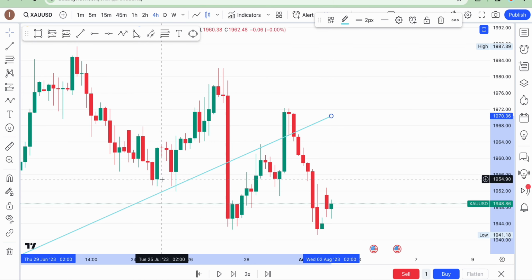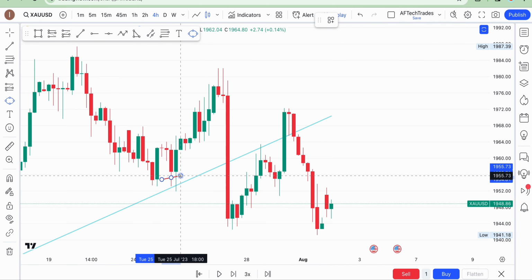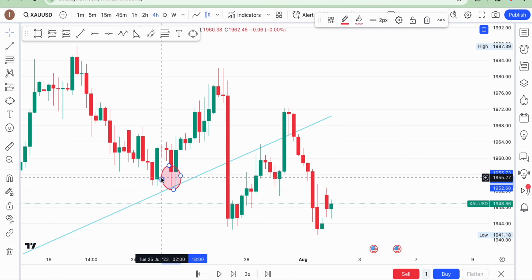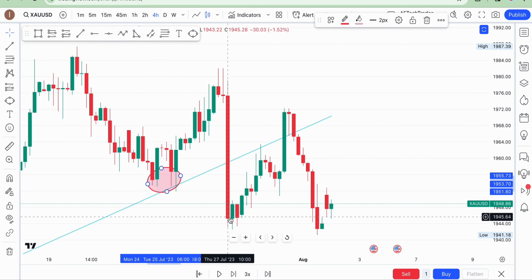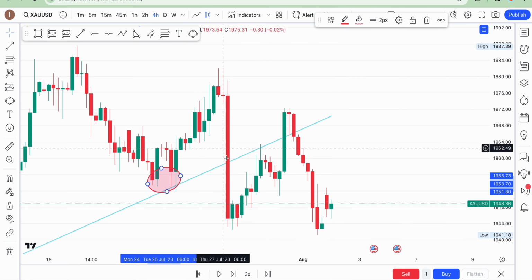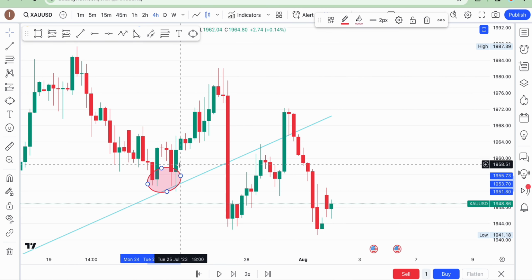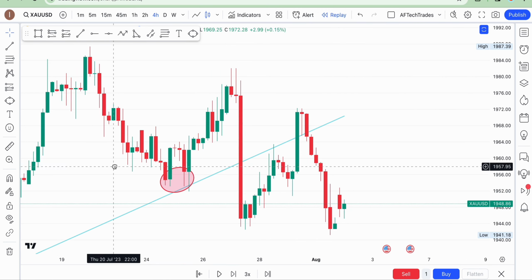So this was our higher low. It forms another new higher low. This was the previous higher low, right? But now it forms a new one entirely by breaking this structure that it was forming before.